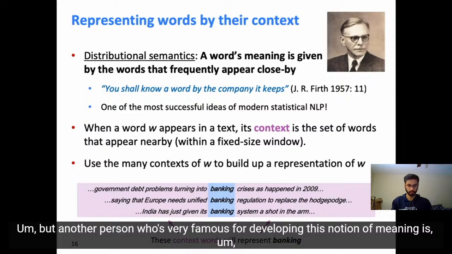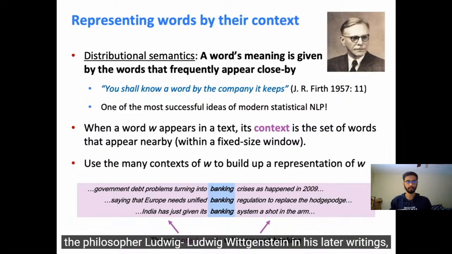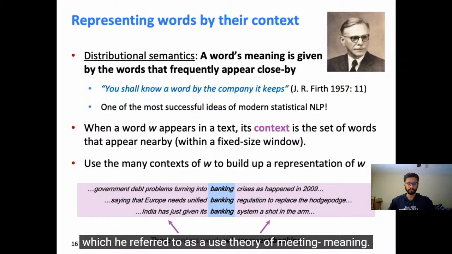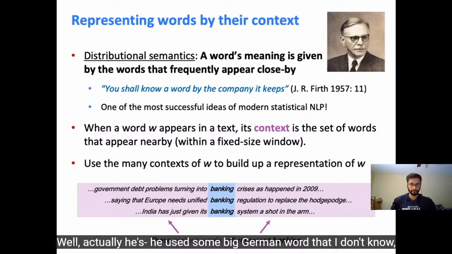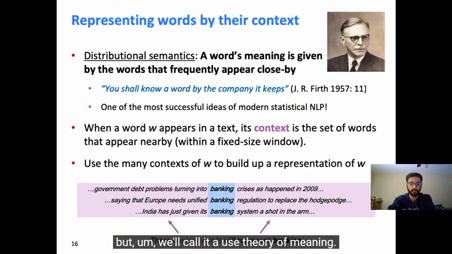But another person who's very famous for developing this notion of meaning is the philosopher Wittgenstein in his later writings, which he referred to as a use theory of meaning. Actually, he used some big German word that I don't know, but we'll call it a use theory of meaning.